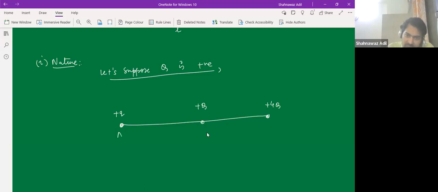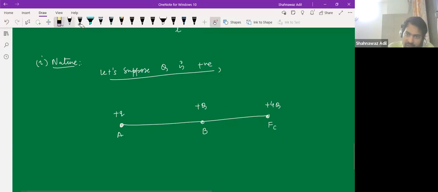So first, let us find out what is the force on this charge. Force on this charge, right? This is 1 due to C. So this direction.